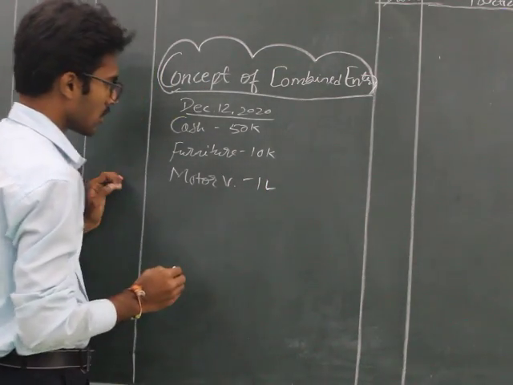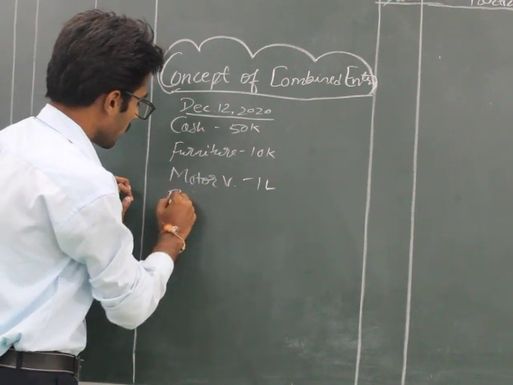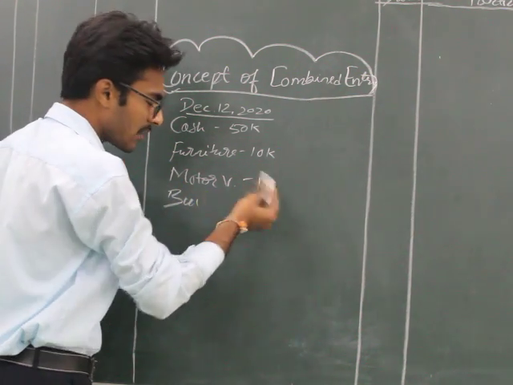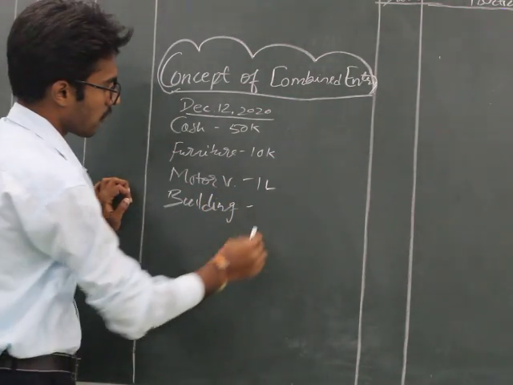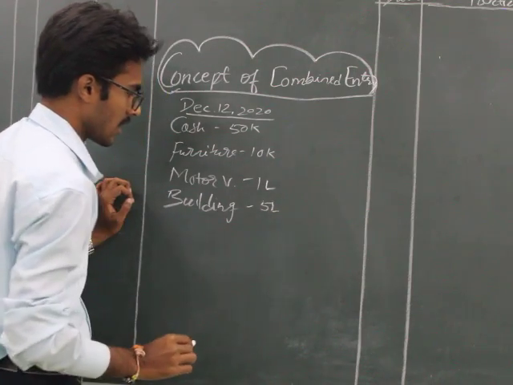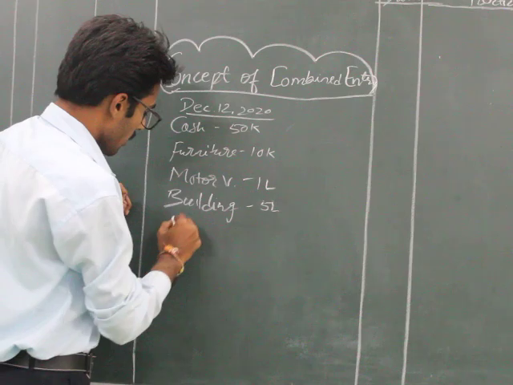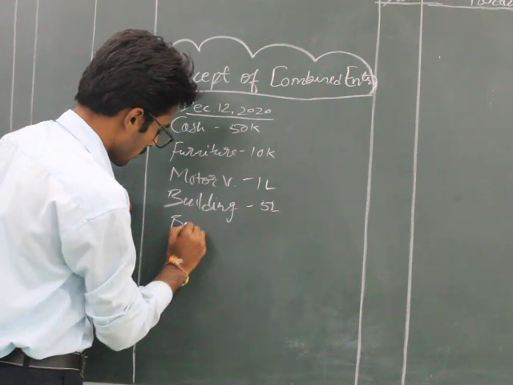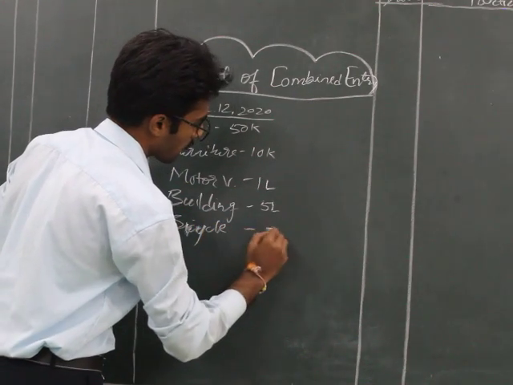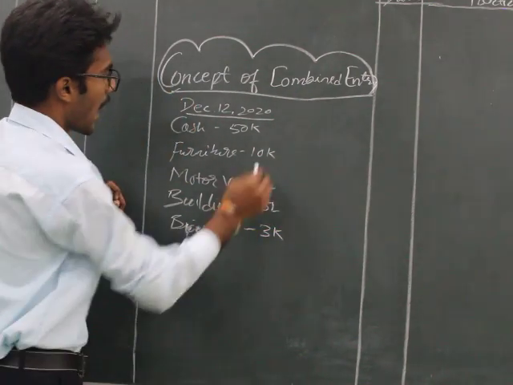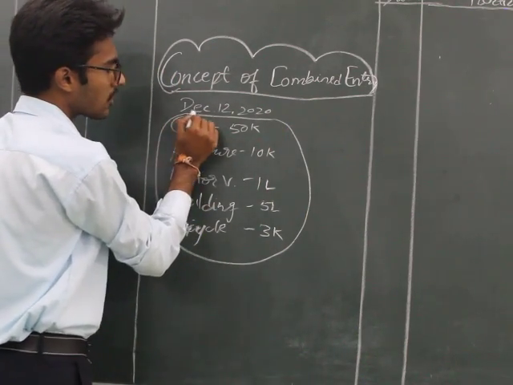He also brought a building, meaning he gave the building to the business, for rupees 5 lakhs. He has also provided a bicycle of rupees 3,000. All these transactions are on the 12th of December.